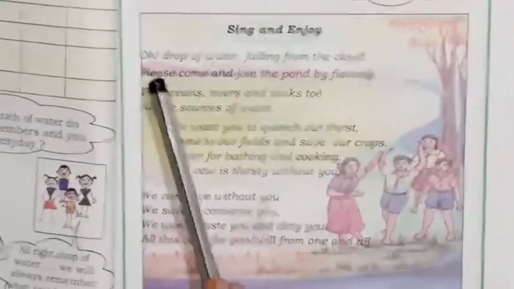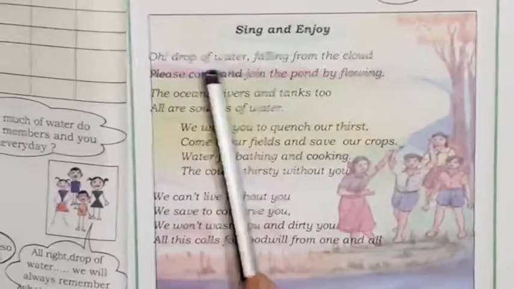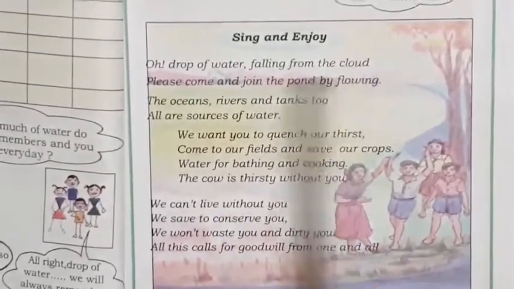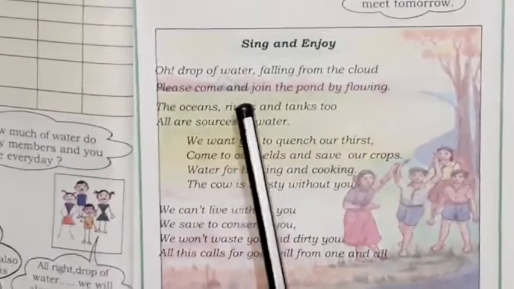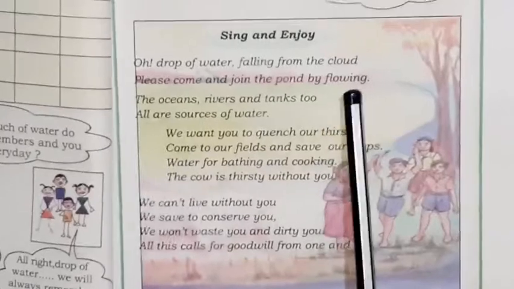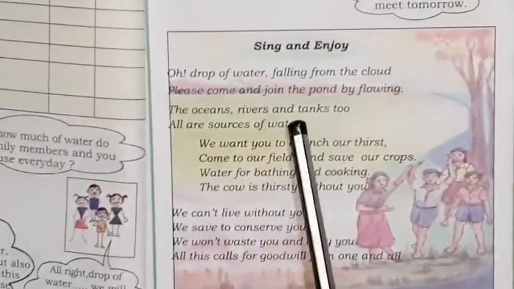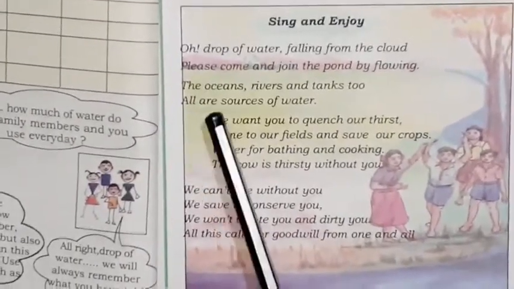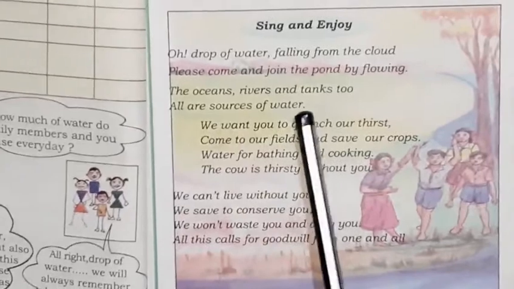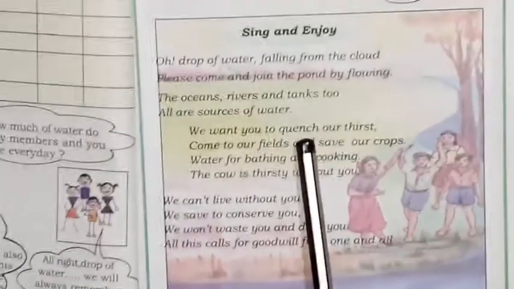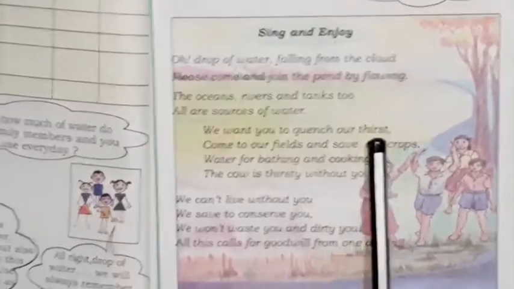We'll read it out. Oh, drop of water falling from the cloud, please come and join the pond by flowing. The ocean, sea and tank too, all are sources of water. We want you to quench our thirst.